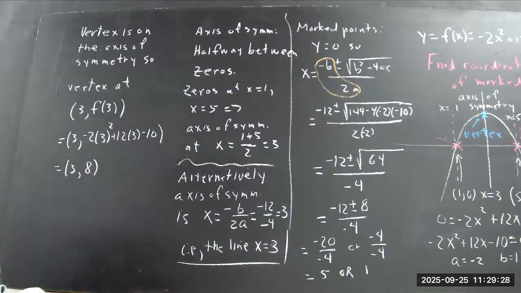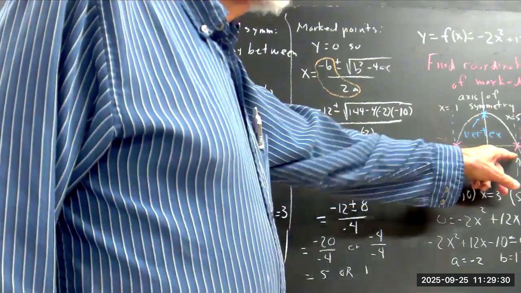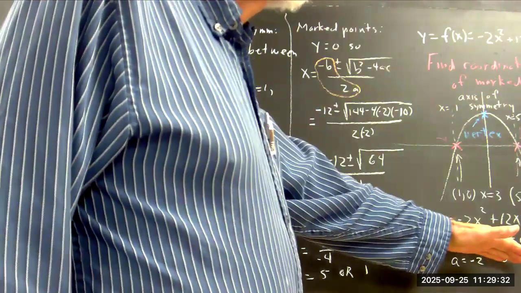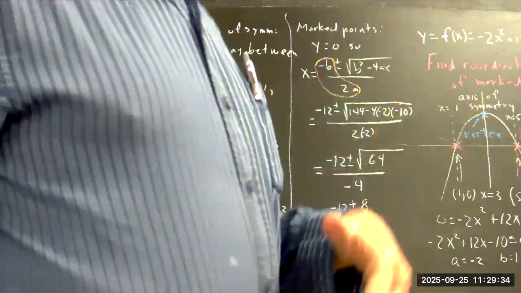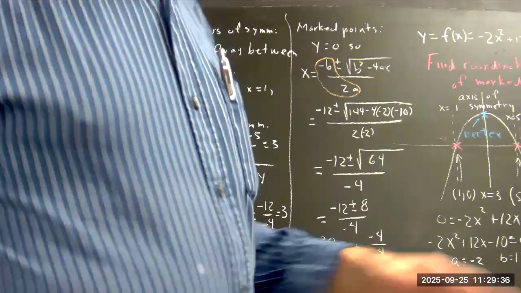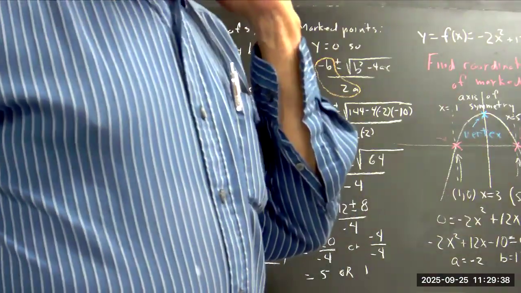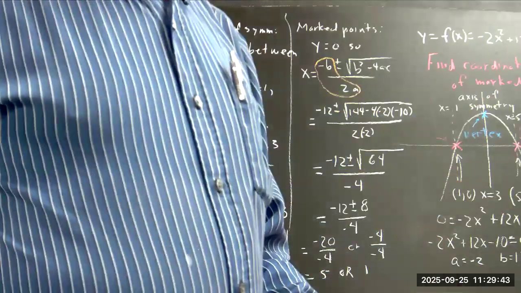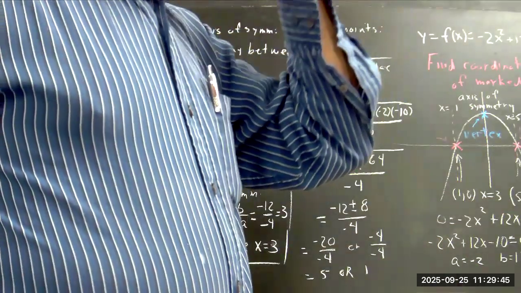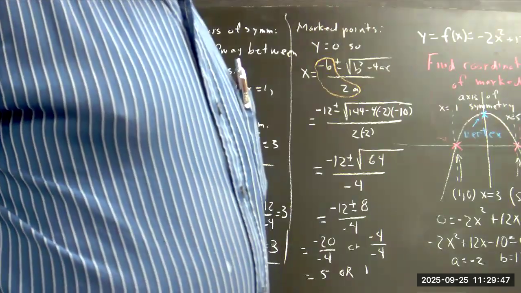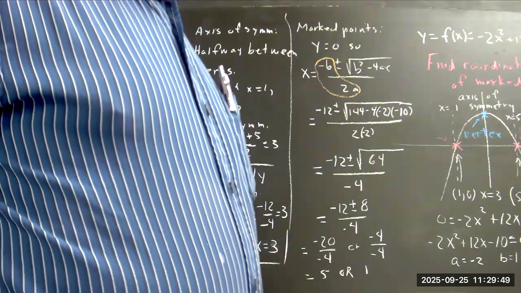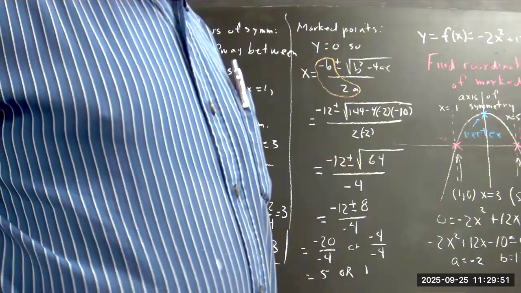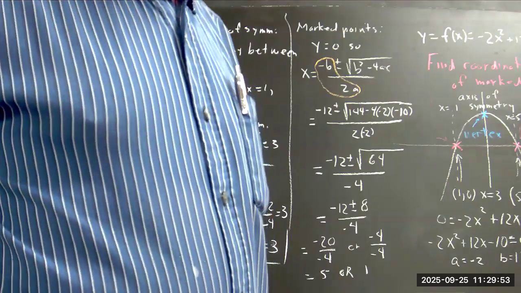Sometimes you don't get x-intercepts. The graph could be down below or up above the x-axis, so it wouldn't go through the x-axis. You still have an axis of symmetry, but the zeros are complex numbers, not real numbers. It's out there in the ozone someplace.